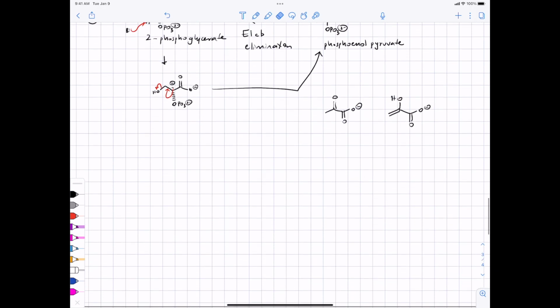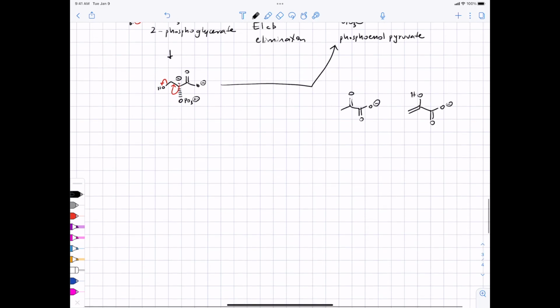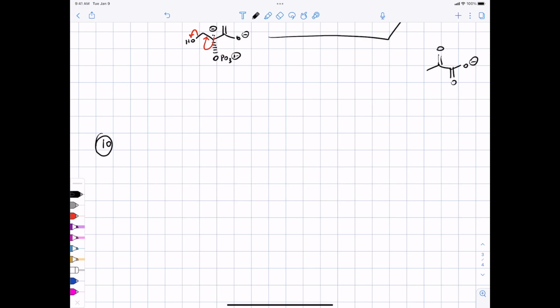So, last step is going to be the final payoff. It's actually an irreversible step. It's the third of our 3 irreversible steps from glycolysis.